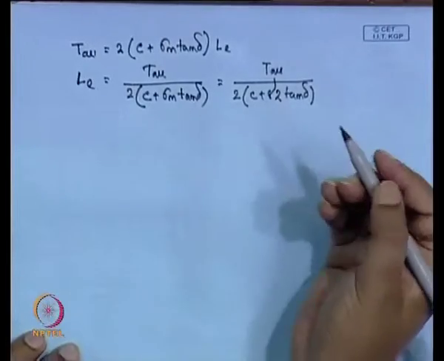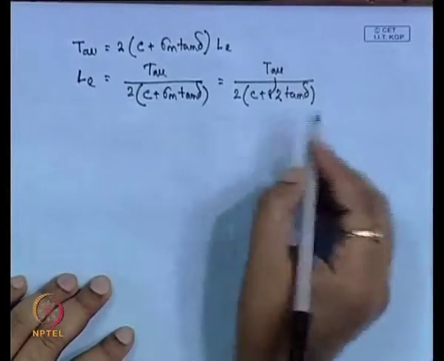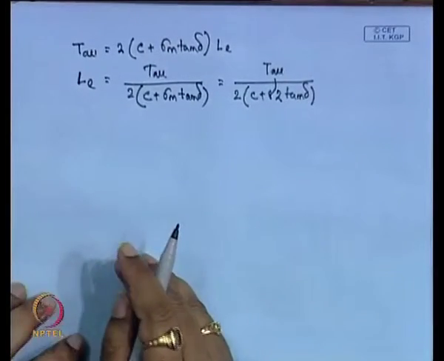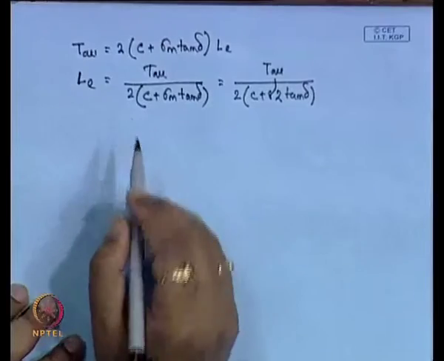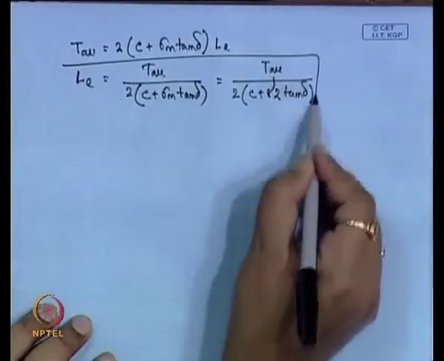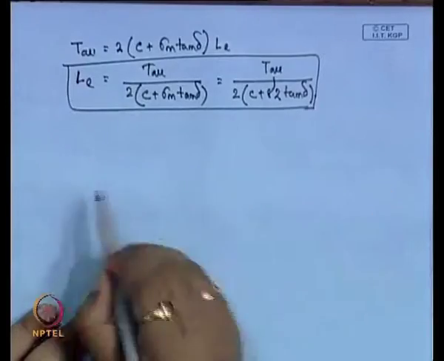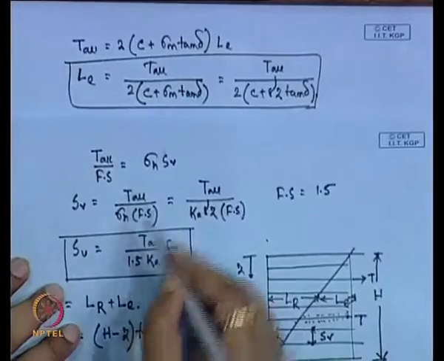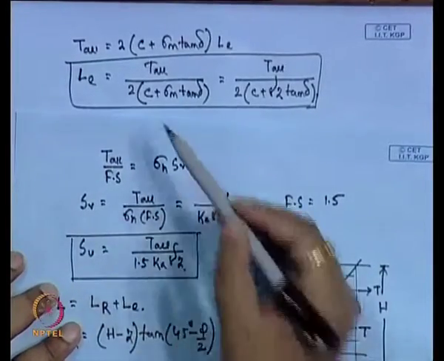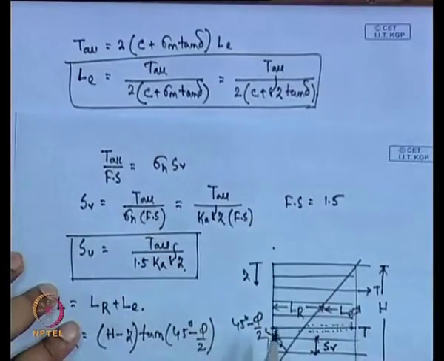Now, generally in the field soil, if the C value is 0, then we have to consider gamma z into tan delta. So, the safest design observed from these two expressions, that is expression 2 and the previous sigma v expression, expression 1: these are the two main expressions, one to determine the sigma v and the other to determine the L e, the anchorage length.